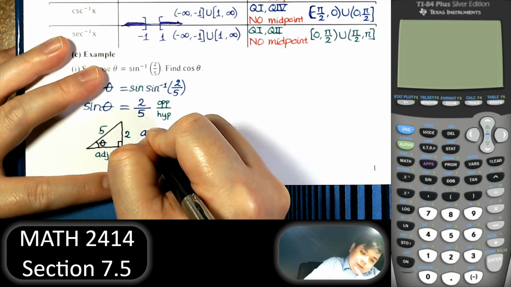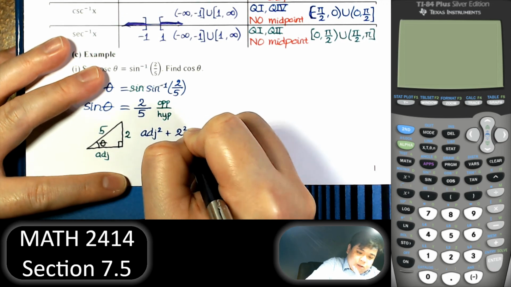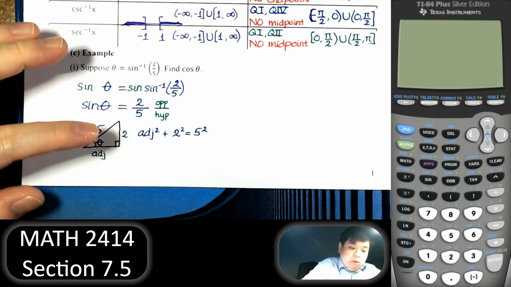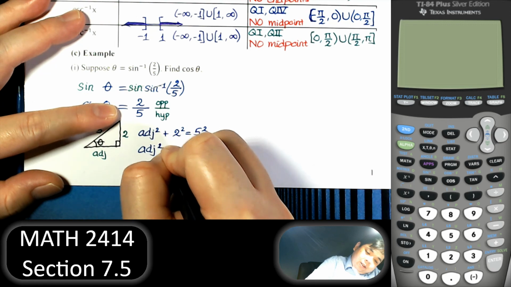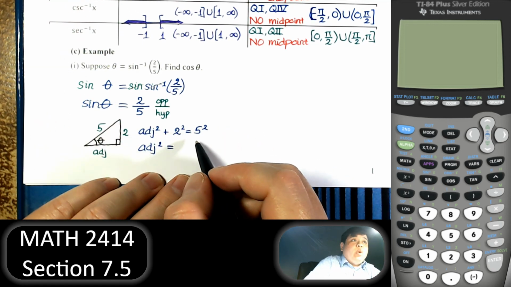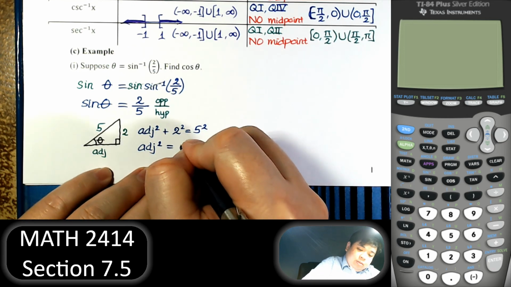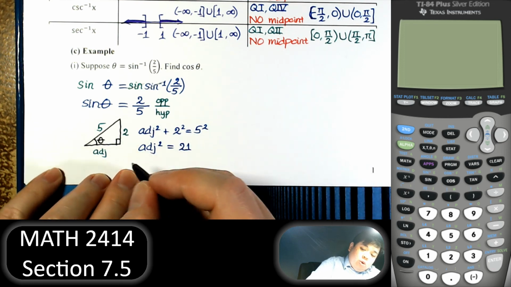And then we can solve for the adjacent. 5 squared is 25 minus 2 squared, 25 minus 4 is 21. And then we take the square root on both sides.